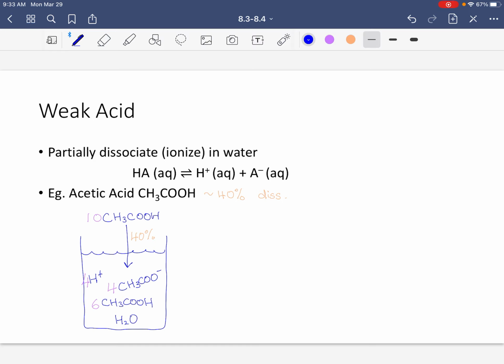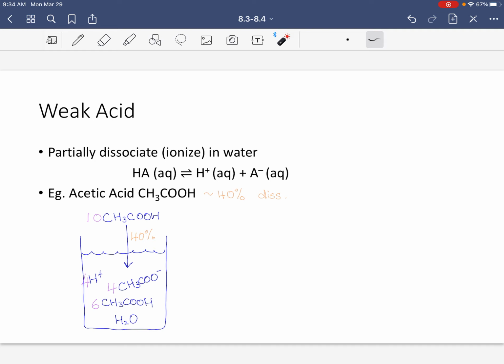Just like this 40% says, only 40% of these, in this case 4 out of 10, are going to break apart. It's almost like you have 10 couples and the divorce rate is 40%, so only 4 out of the 10 will get a divorce, whereas the other 6 are still very much in love. That's what weak acids do.